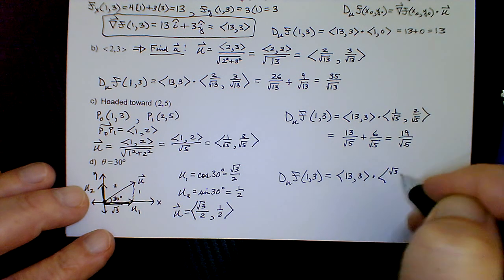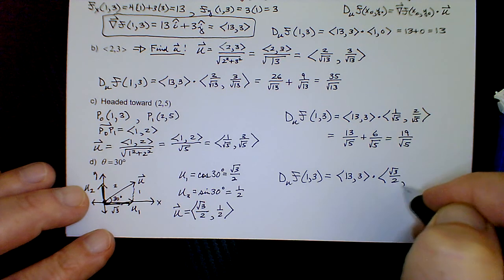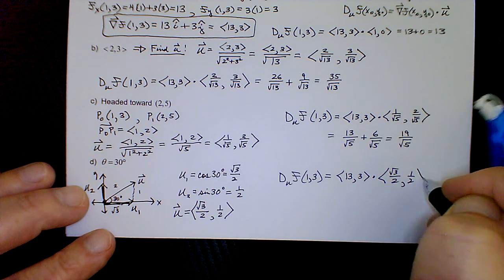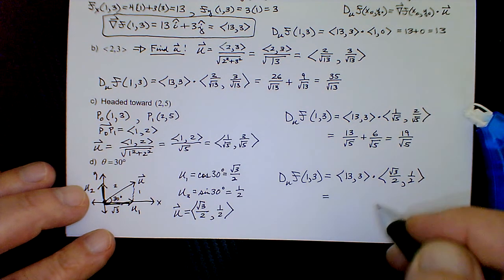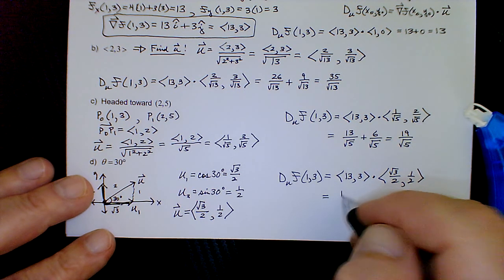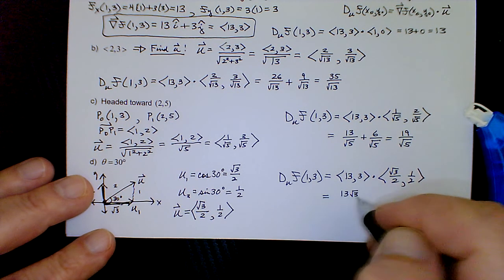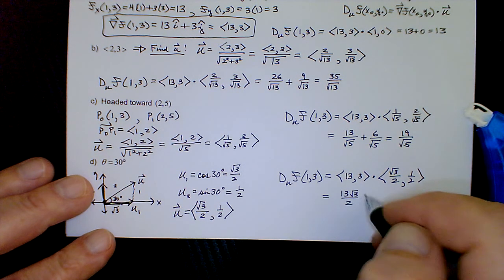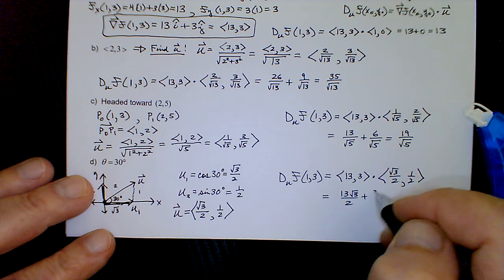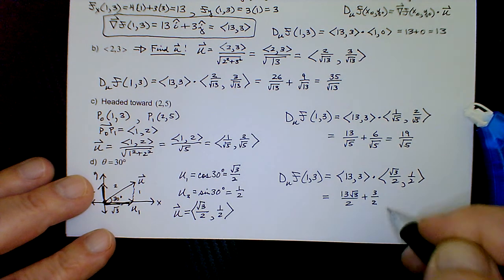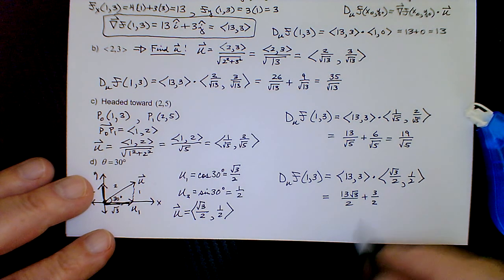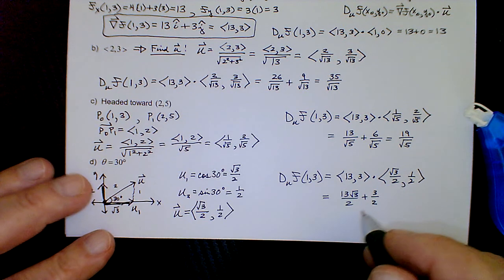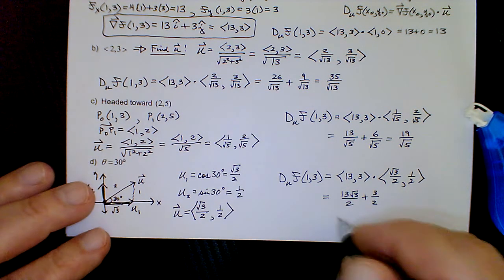So that gives 13 radical 3 over 2 plus 3/2. And I guess that's about all you could do. I suppose you can make it a single fraction, 13 radical 3 plus 3 over 2. But you can't really do much more than that.